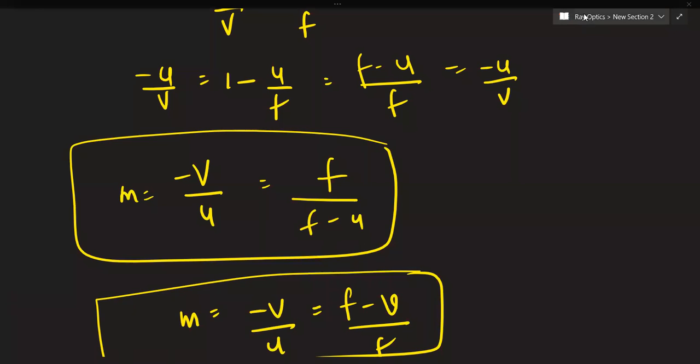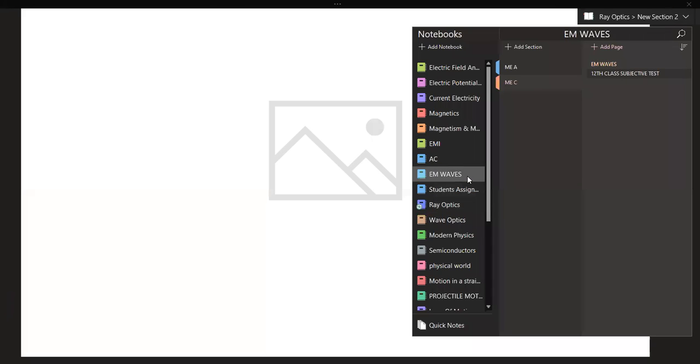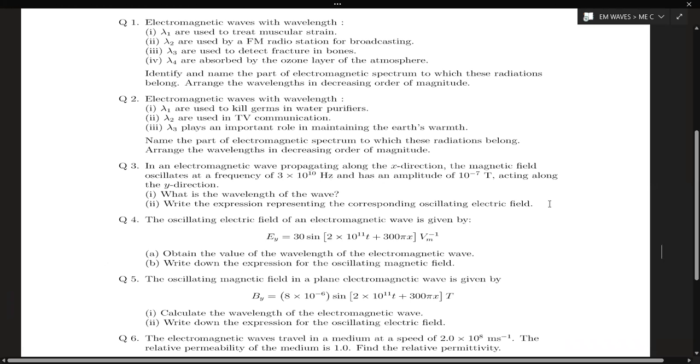Okay, class. Now, EM wave test, as I've already informed you 1 week back. Now you don't have any test in the upcoming weeks because we are dealing with ray optics only. You have to identify the waves in the first, second part. In the third question, amplitude, frequency, wavelength, and the electric field's expression have been given. This question we have already done. Question 4 also, you have to compare it with the main equation, see whatever things are unknown. Similar question for 5th.